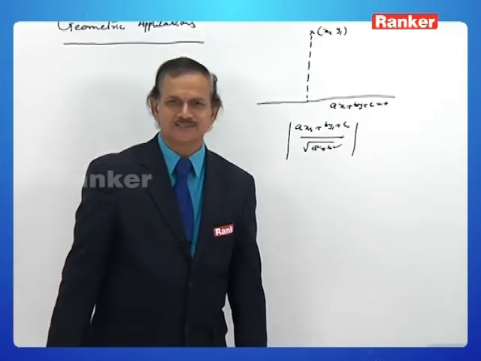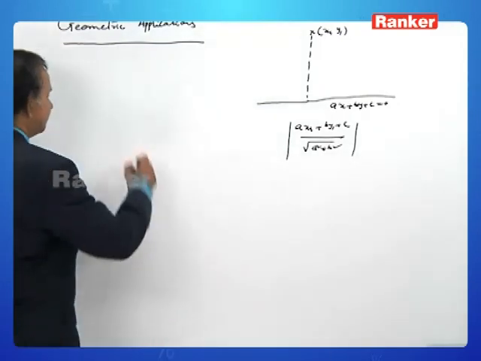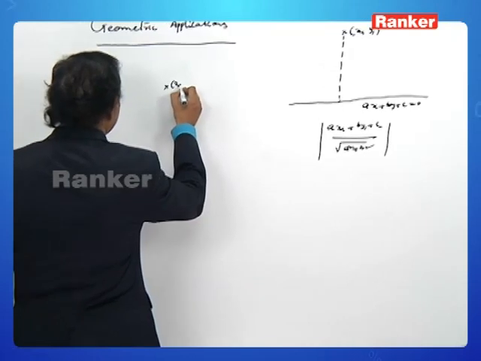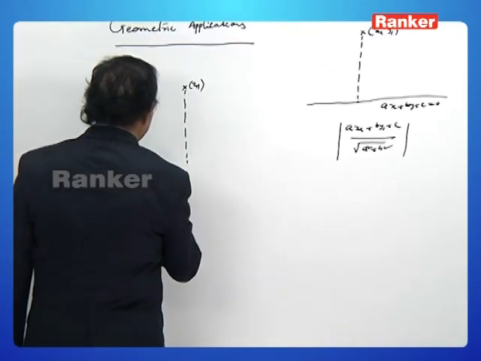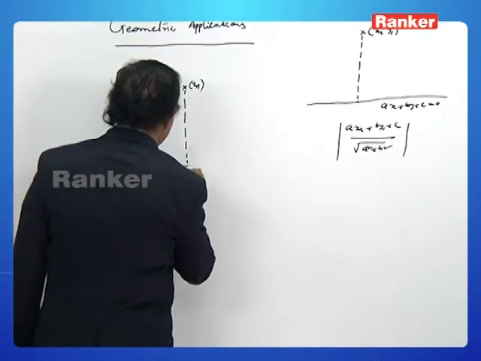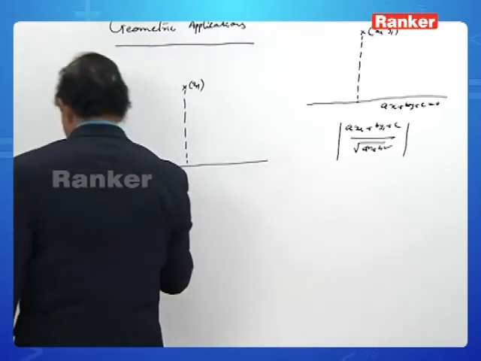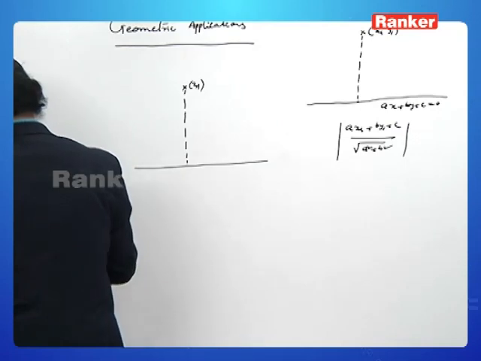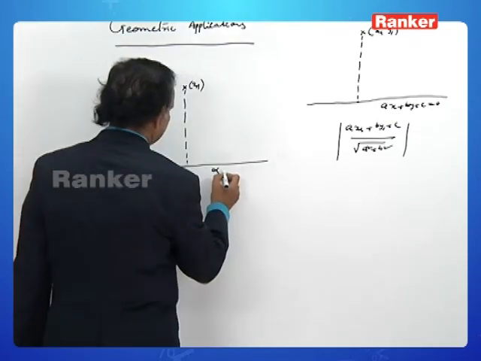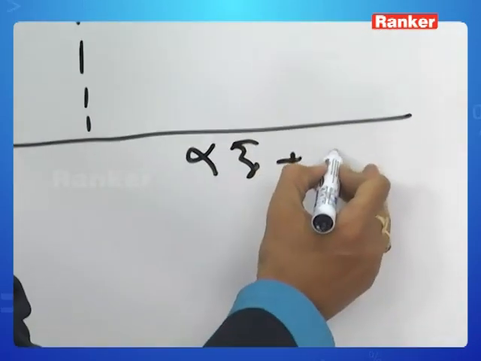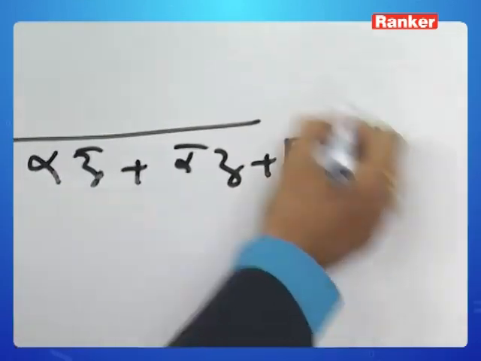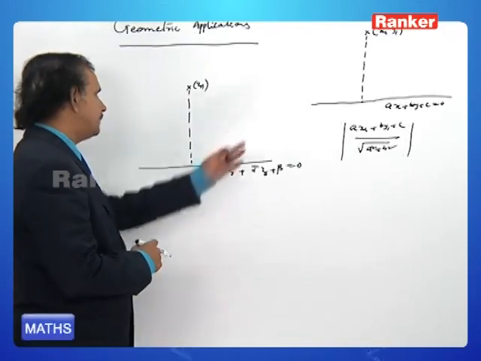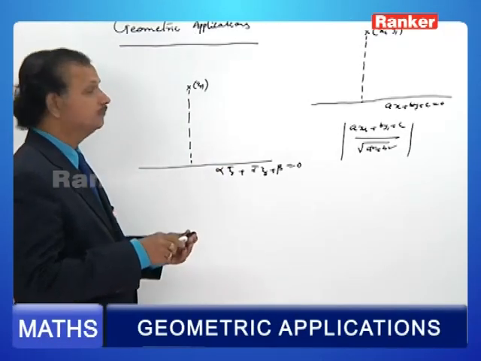Could you recollect? Now, the concept here is a point Z1 is given, and the line onto which a perpendicular is to be made is nothing but the standard equation, that is alpha z bar plus alpha bar z plus beta is equal to 0. Compare these two occasions.